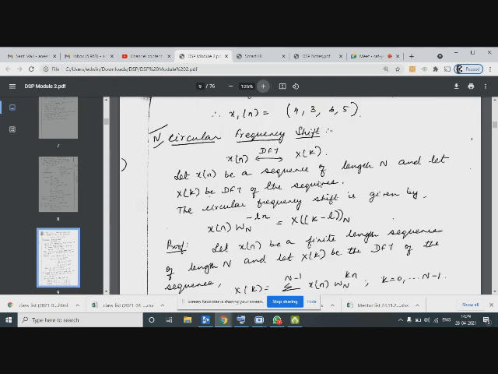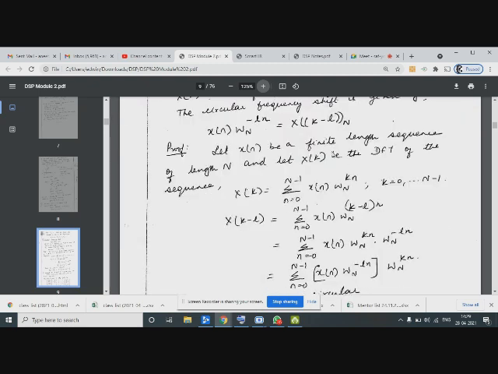That's it. So consider x of n, a finite sequence. You know the DFT equation: X of k is given by the sum of x of n W_N power nk.